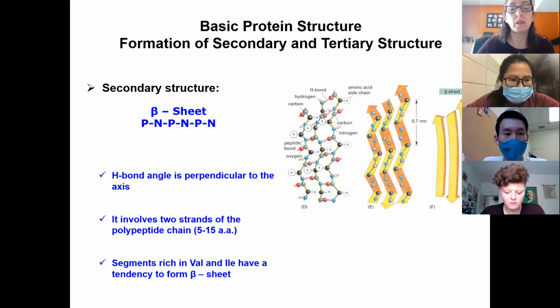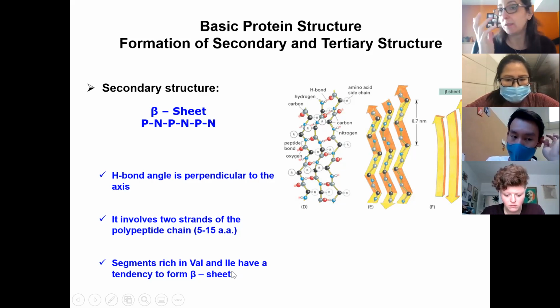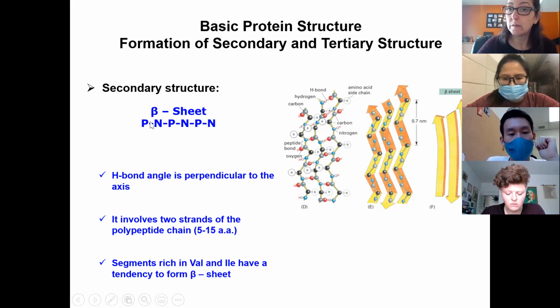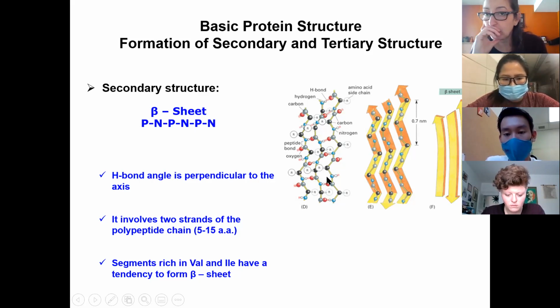It's not something that you really have to remember, the valine and isoleucine, it's just FYI. But I would like you to know that this is the theoretical sequence, and the hydrogen bond is perpendicular to the axis of the sheet.